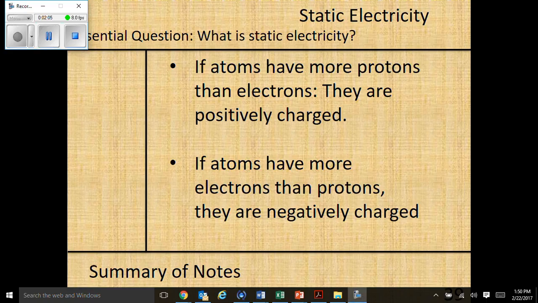And you should get these down in your notes, but if atoms have more protons than electrons, they're positively charged. If atoms have more electrons than protons, then they're negatively charged. Okay, so basically that's the mechanism by which we get these positive and negative charges, which are really just a definition. Something is positive or negative.